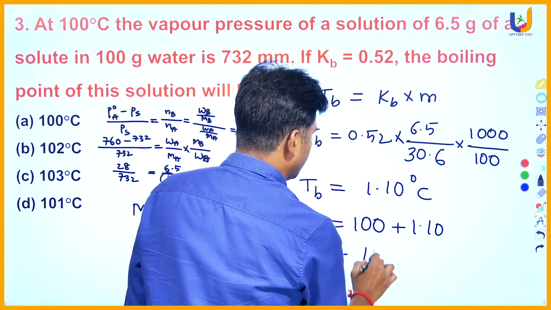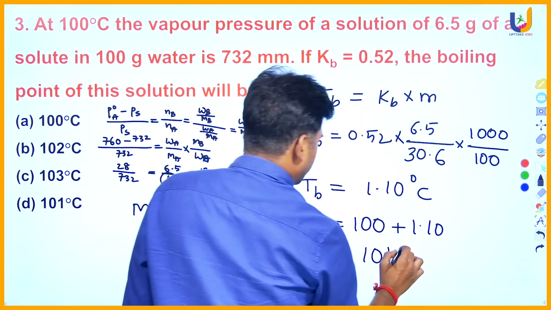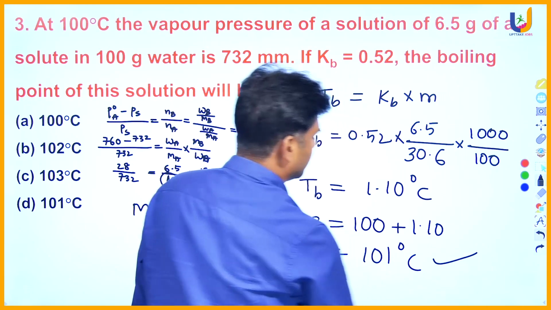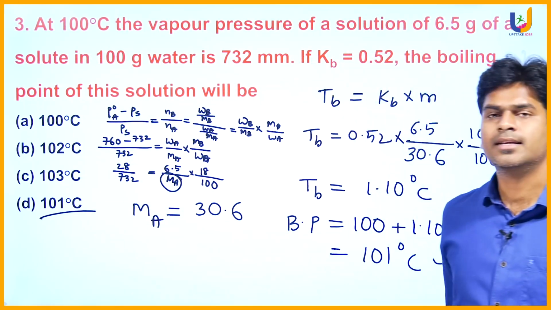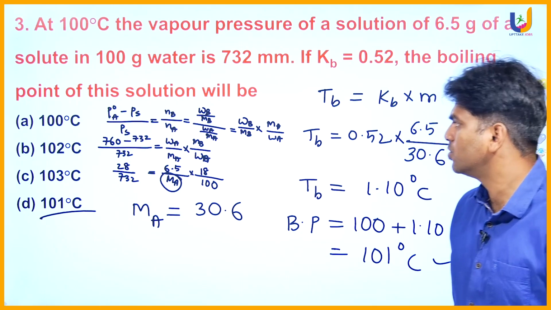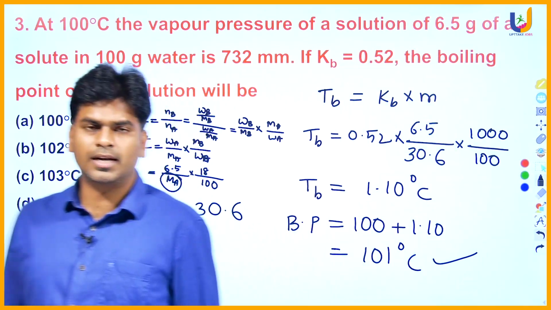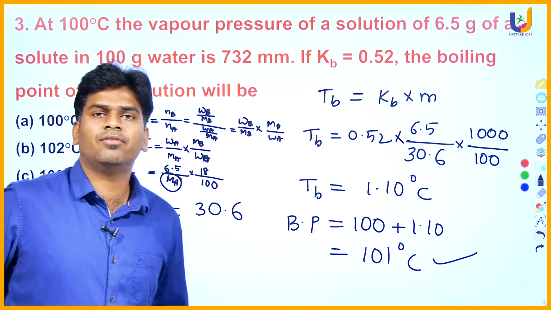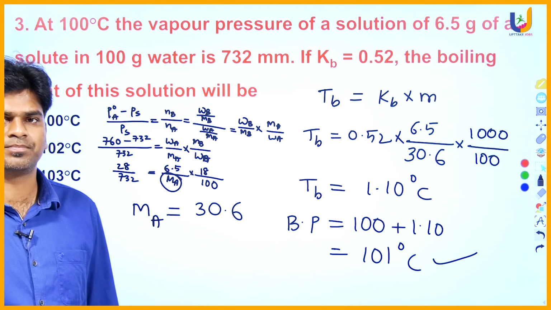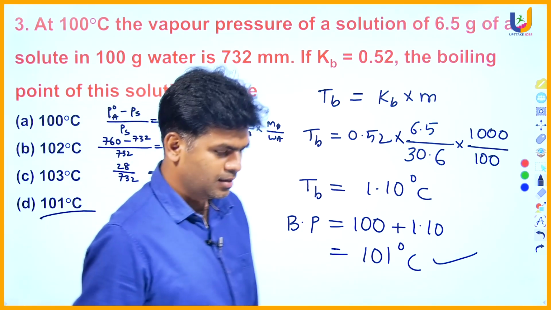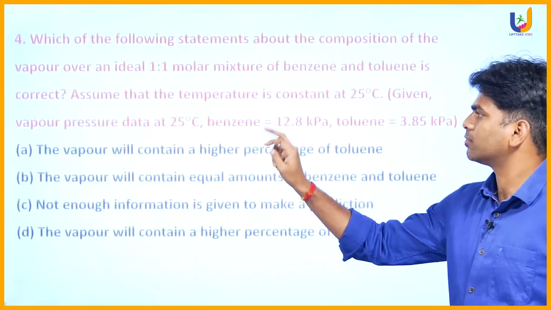So finally 101 degree Celsius. This is the answer. I hope you understood. It's very simple, children. If you know the elevation in boiling point, one of the colligative properties, then only you can understand this question. Okay, let's go to the next question.